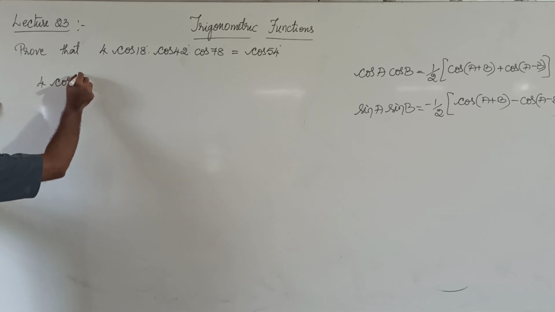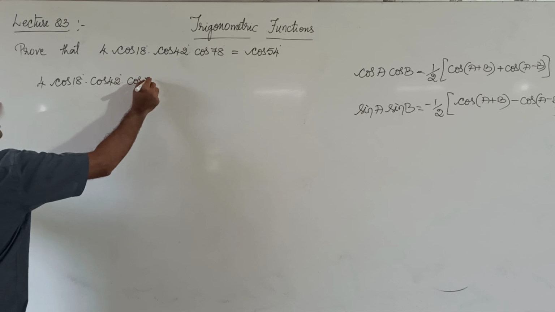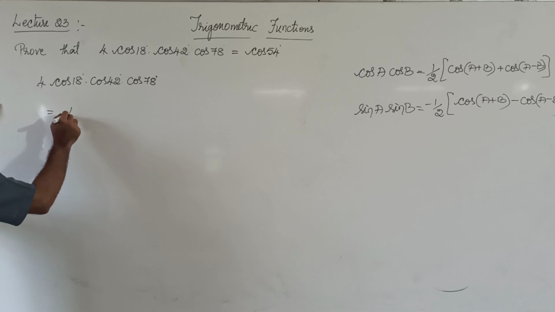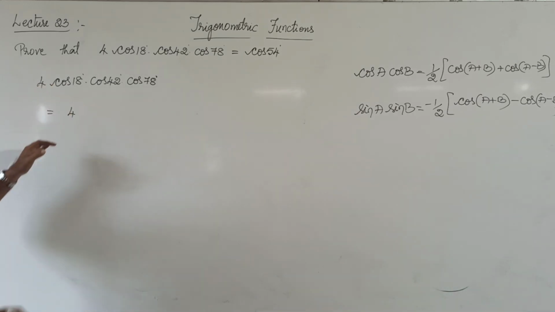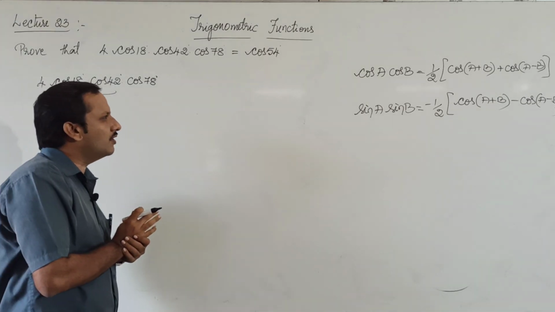4 cos 18 degree into cos 42 degree into cos 78. This is equal to 4. Now I'll consider these two terms, cos 18 degree into cos 42 degree.